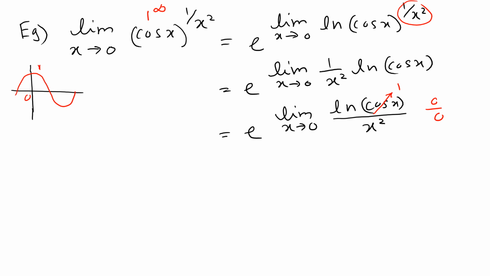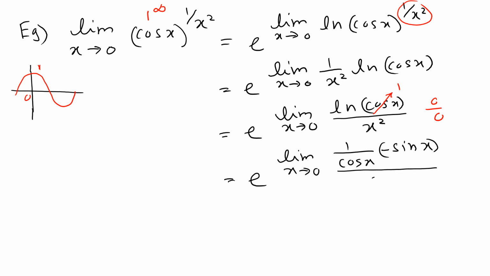So it's a 0 over 0 problem. So we can take the derivatives now according to Bernoulli. So the limit x goes to 0. Take the derivative, and we know that ln means 1 over, so we can write this as 1 over cosine x times sine x. It's a negative sine x actually, negative sine x. And then divided by, in the bottom you get 2x.